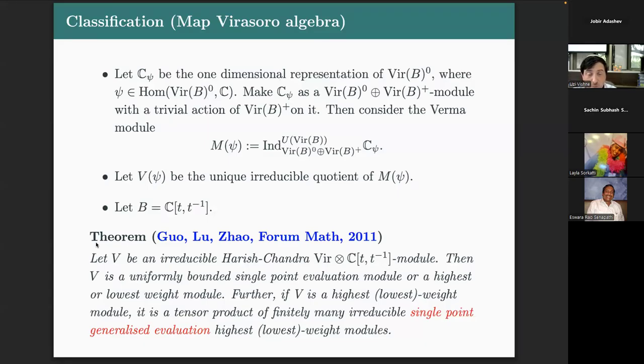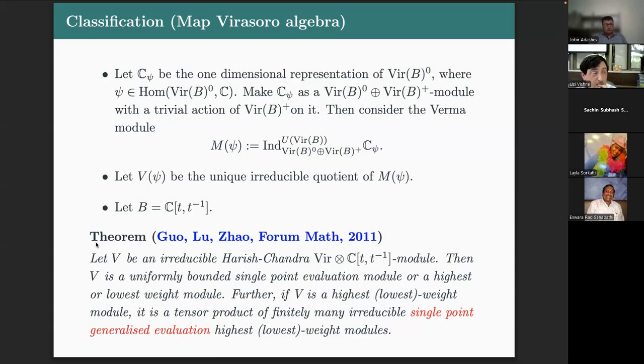They proved that any irreducible Harish-Chandra module V is a uniformly bounded single weight module, or a highest weight or lowest weight module, an analogous result of Matthews. And moreover, they proved that if V is a highest weight module, then it is a tensor product of finitely many irreducible single point generalized evaluation modules.